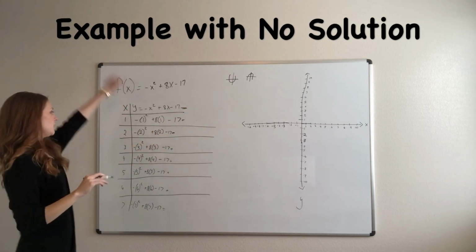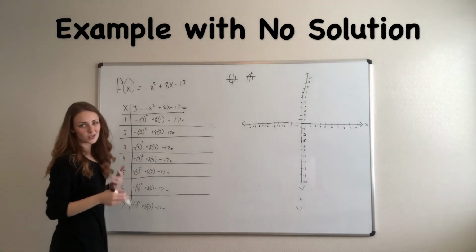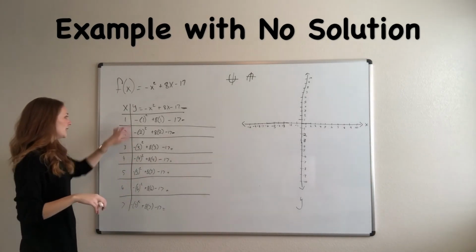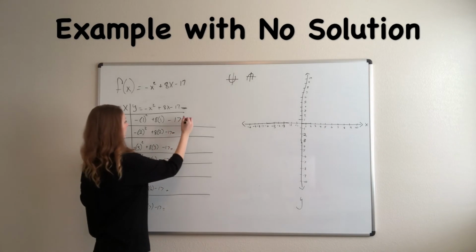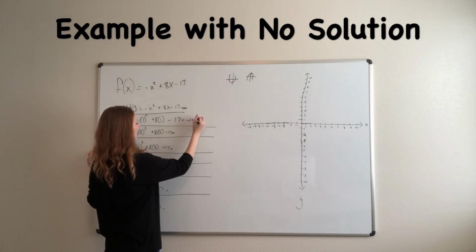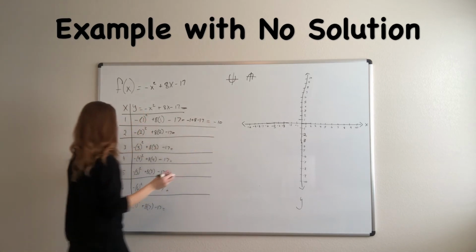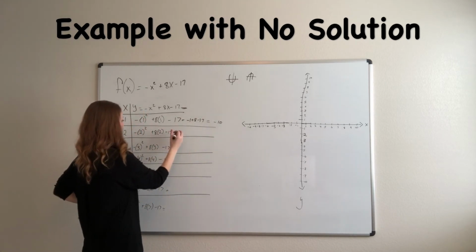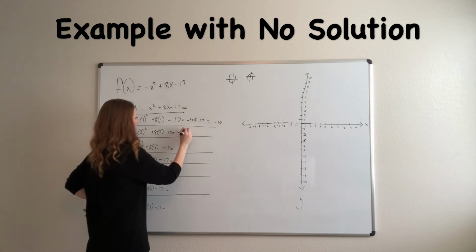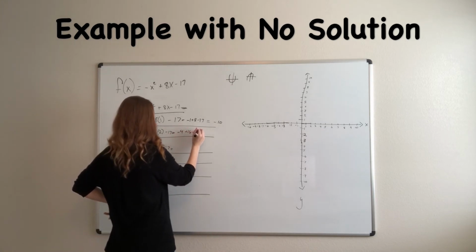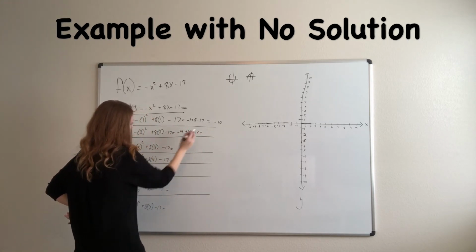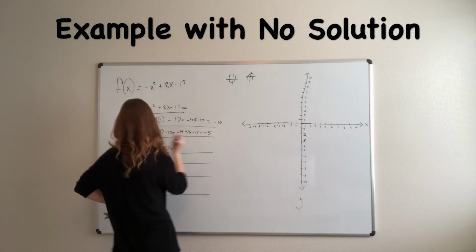Now that we've filled in all this, we're going to simplify to get, of course, our y coordinate. Okay, negative 1 squared is going to give us -1 plus 8 minus 17. It's going to leave us with -10. Okay, -2 squared will give you -4 plus 16 minus 17. That's going to give us -5.